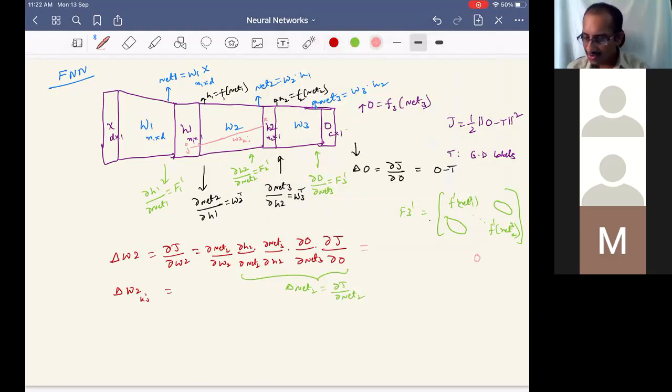So you write O minus T here. Okay. So you can put the things O minus T and then F3 dash, W3 transpose, F2 dash. Please excuse me between the subscripts and the writing adjacently, so please take it based on the context.